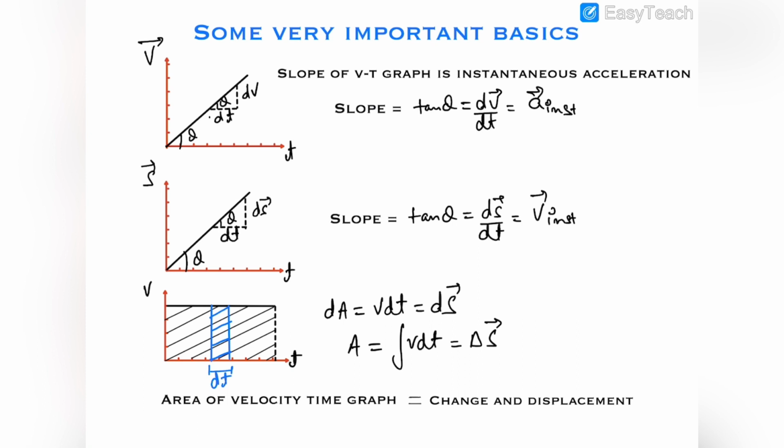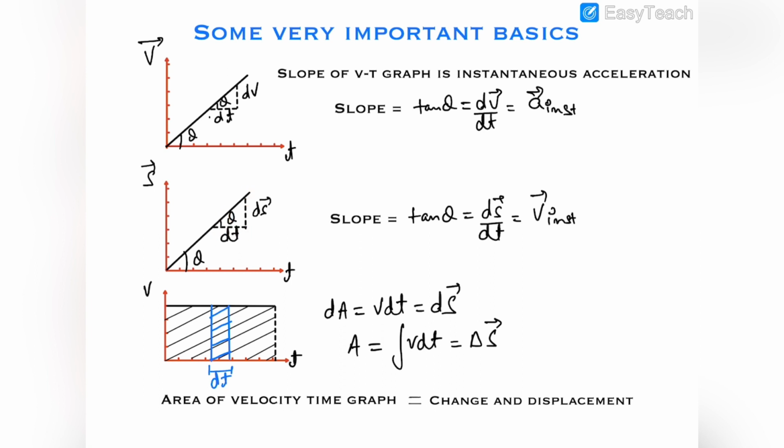Now let us talk about the slope of ST, displacement time graph. This is a displacement time graph, and this is a small part of displacement, which is ds, and again this is a small part of time, which is dt. So this angle is theta, and tan theta would be equal to ds by dt.